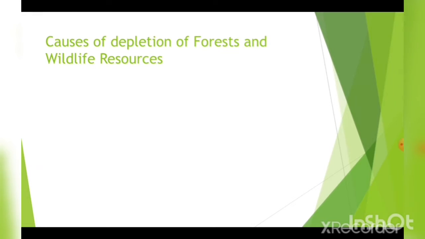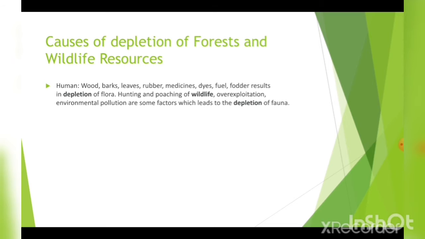Now, causes of depletion of forests and wildlife resources. Someone has rightly said that what humans are doing to forests and wildlife is just a minor reflection of what they are doing to themselves and one another. Human use of wood, barks, leaves, rubber, medicines, dyes, fuel, fodder results in depletion of flora.